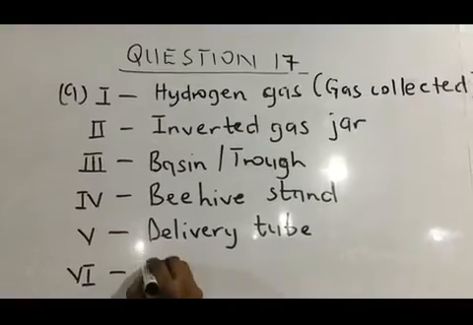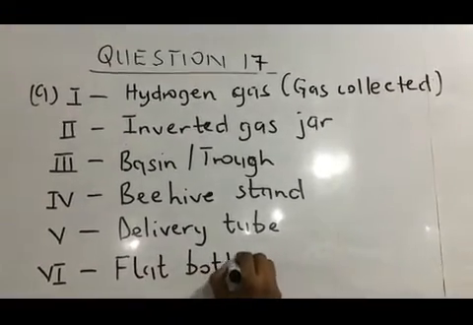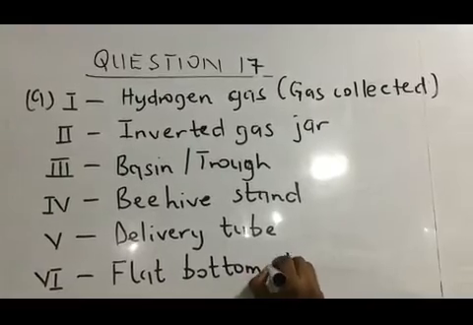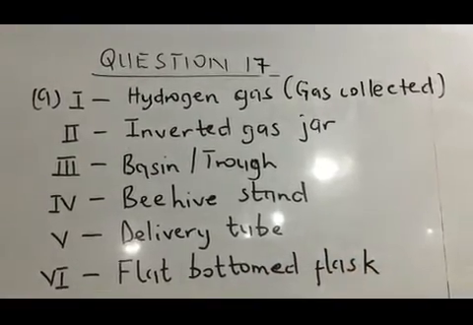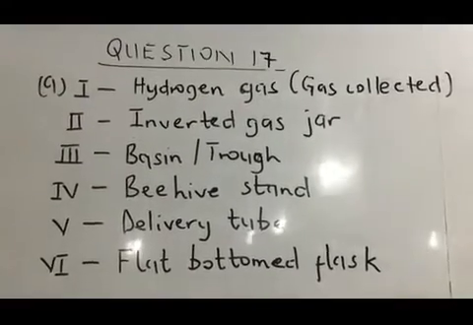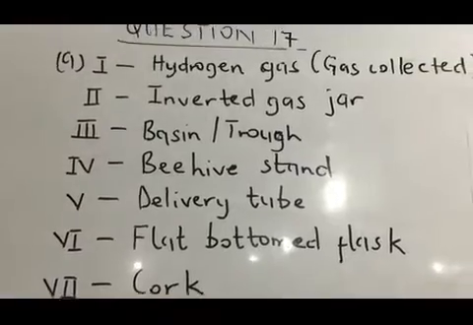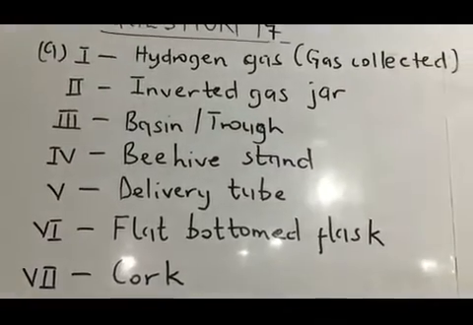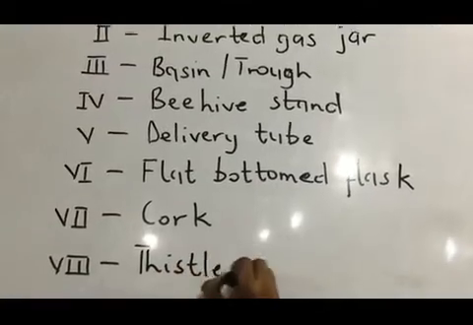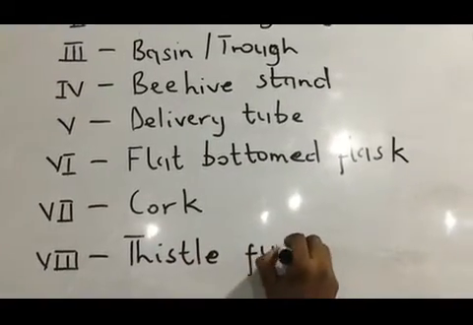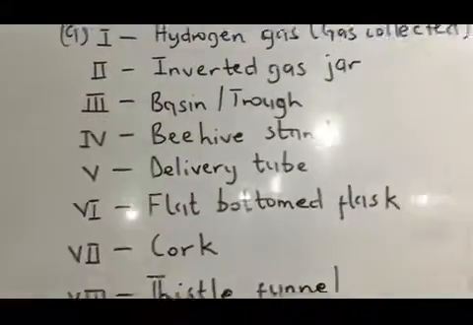VI is a flat-bottomed flask. VII is a cork. As I said, your cork, rubber bung or stopper. And then your VIII is a thistle funnel. Okay, so these are the labeled parts.